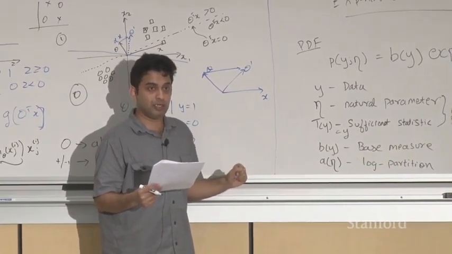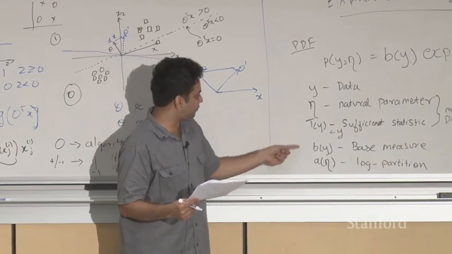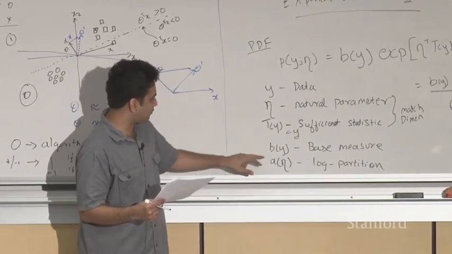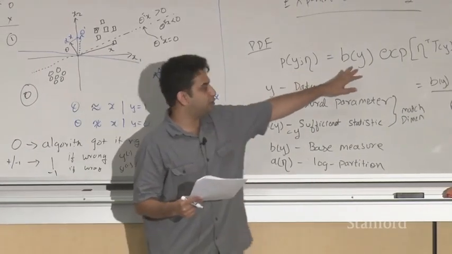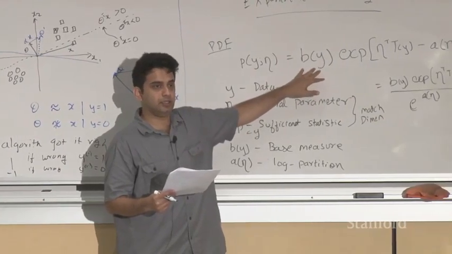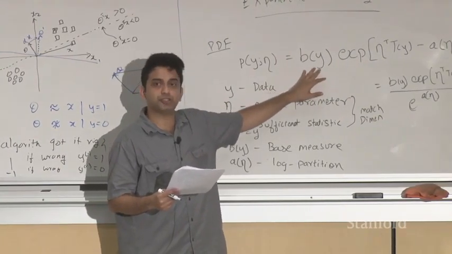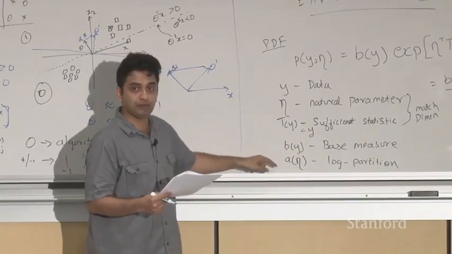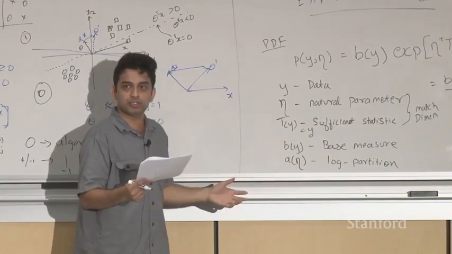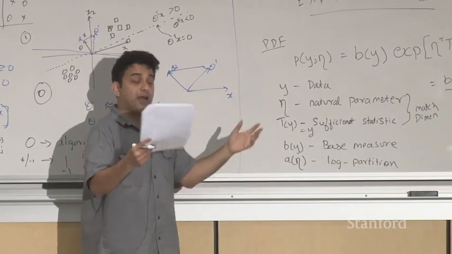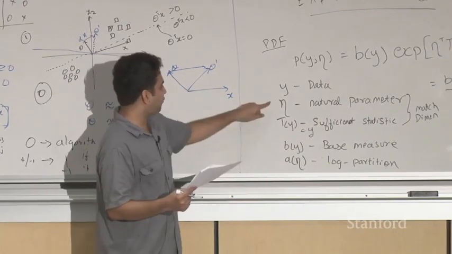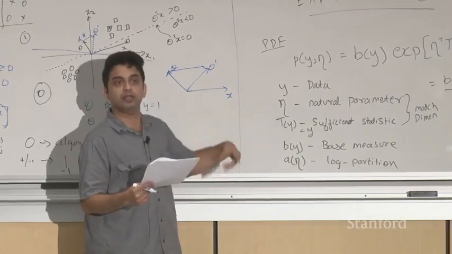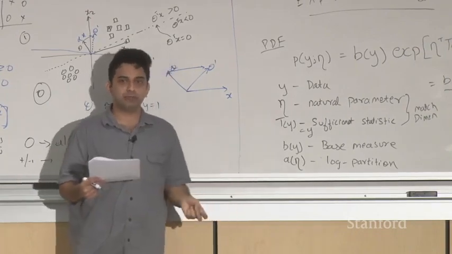What does that mean? For some choice of A, B, and T, this will be equal to, say, the PDF of the Gaussian. In which case, for that choice of T, A, and B, you get a family of Gaussian distributions, such that for any value of the parameter, you get a member of the Gaussian family.